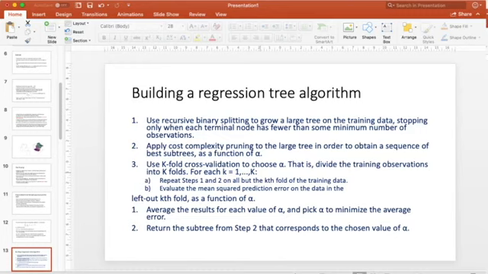And then we evaluate the mean squared prediction error on the data in the left-out k-th fold as a function of alpha. Then we average the result for each value of alpha, and we pick the alpha that minimizes the average error. And we return the subtree from step 2 that corresponds to the chosen value of alpha.